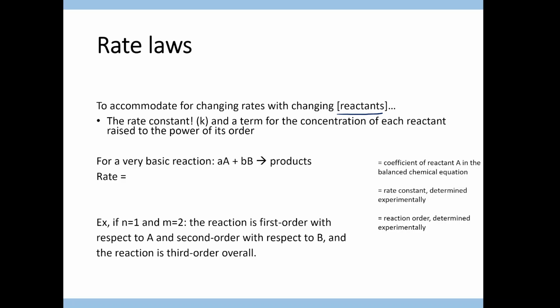So for a reaction where capital A is a reactant, and capital B is another reactant in this case, that is forming products, lowercase a and lowercase b are the coefficients of reactants A and B in the balanced chemical equation. So we're using these lowercase letters to represent coefficients.